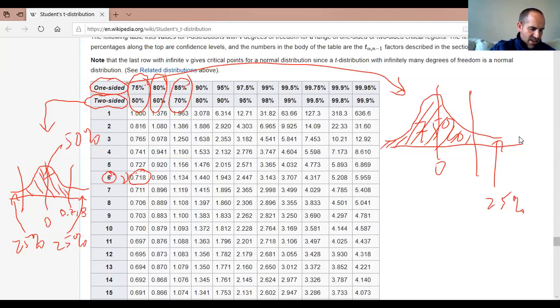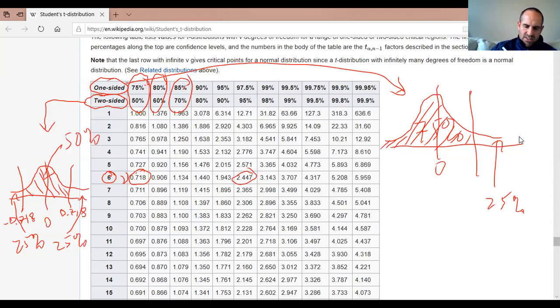Well, it's symmetrically the same, negative 0.718. So that little t value for 6 degrees of freedom tells you the value such that, above negative 0.718 and below 0.718, I have 50% of the data. And notice as I try to increase the percentage, the t value gets bigger and bigger. That's kind of the cutoff point.